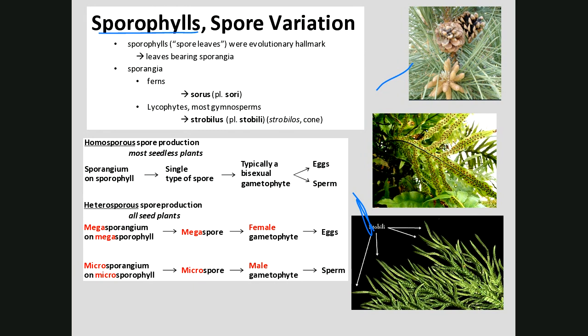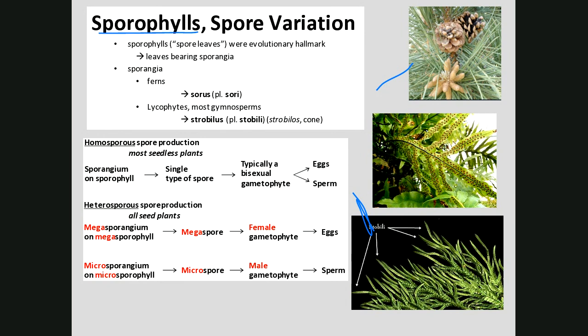In heterospores, you make two different kinds of spores. You make a bigger spore, which is the mega that you see there, and you make a smaller spore. Now, this happens in seed plants. So this happens not in the plants we've talked about so far, but in the pine trees and in the flowering and fruiting plants. So let's go through the terminology here first. Megasporophyll is a modified leaf.